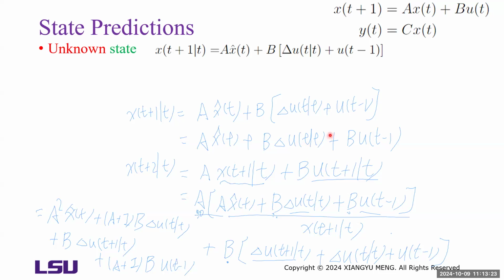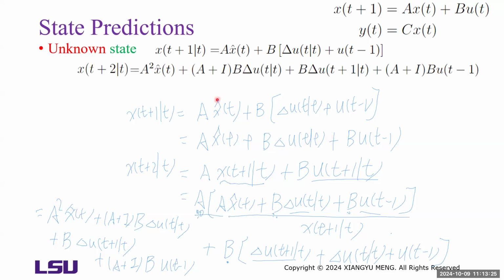So the second equation, the prediction of x(t+2) at time t, will be A squared x hat t plus (A plus I) B delta u(t|t) plus B delta u(t+1|t) plus (A plus I) B u(t-1).